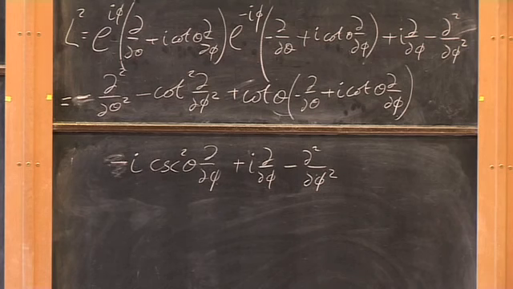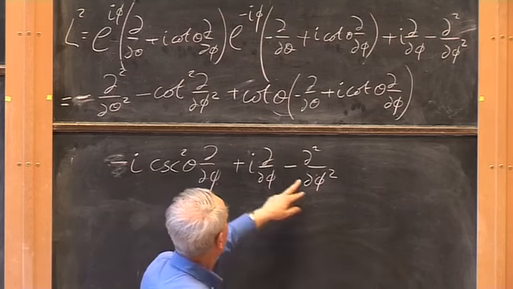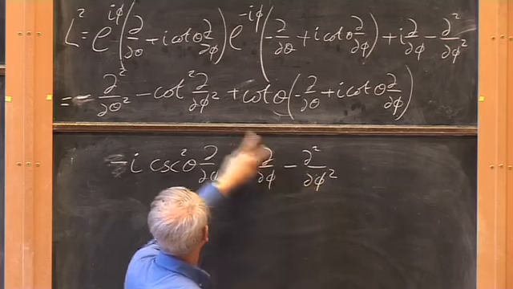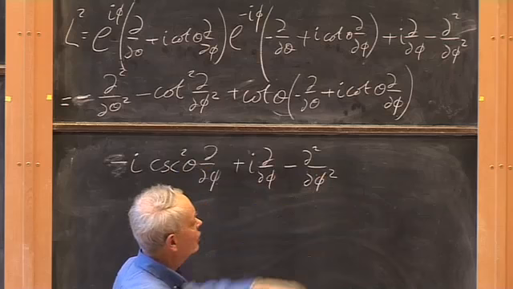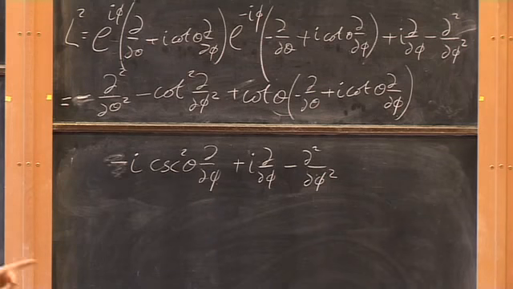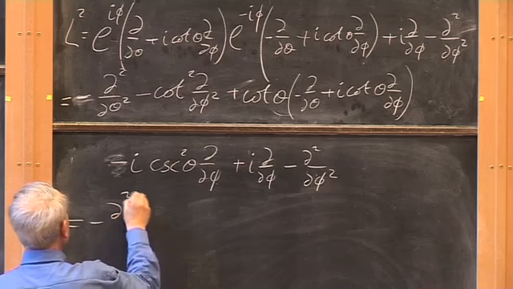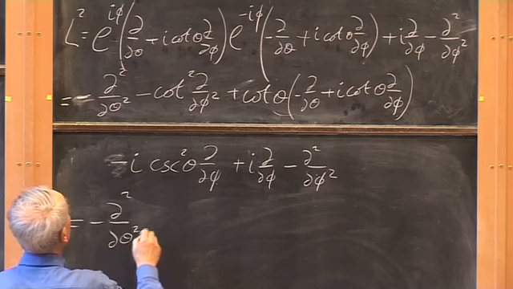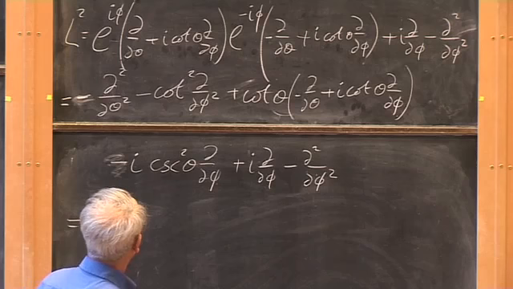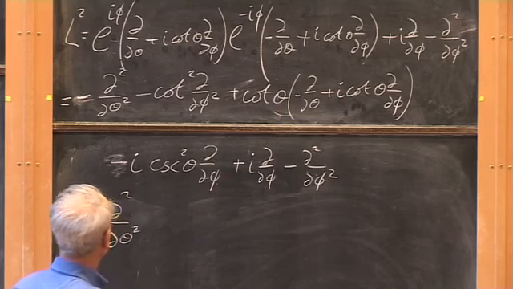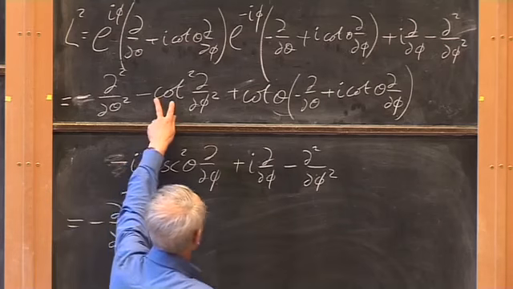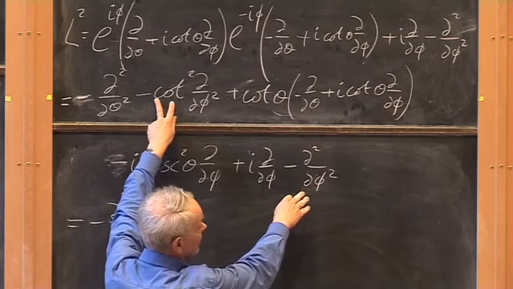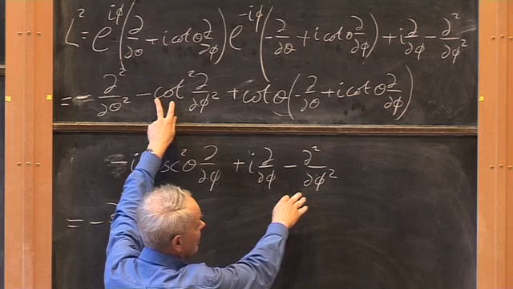Then I also can use this identity to consolidate this double derivative and this double derivative. So we have a cot squared and a 1, and I can trade it in for a cosec squared according to that formula there, right? So we end up with minus d2 by d theta squared. We've got a cot squared and a 1. They both carry minus signs, which means I have to have them on the other side.